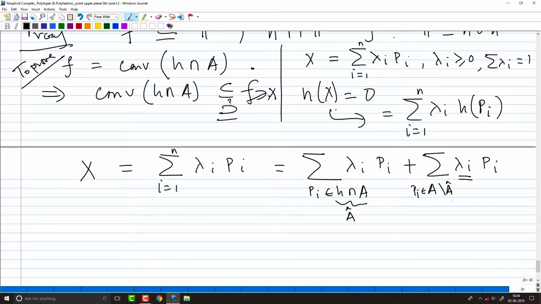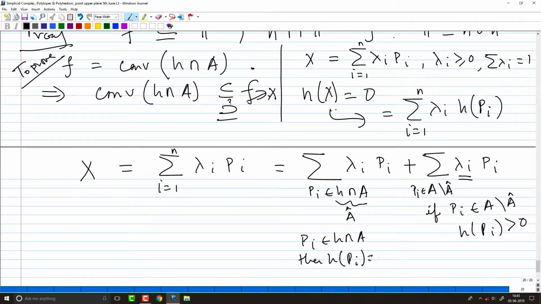Yes. Observe that if Pi belongs to A minus A hat, then H of Pi is greater than 0, because if H of Pi were equal to 0, that Pi should have been in the set H intersection A. And for Pi belonging to H intersection A, H of Pi is equal to 0.